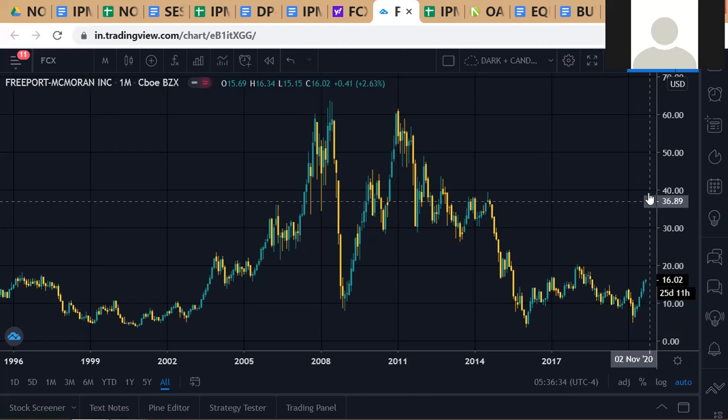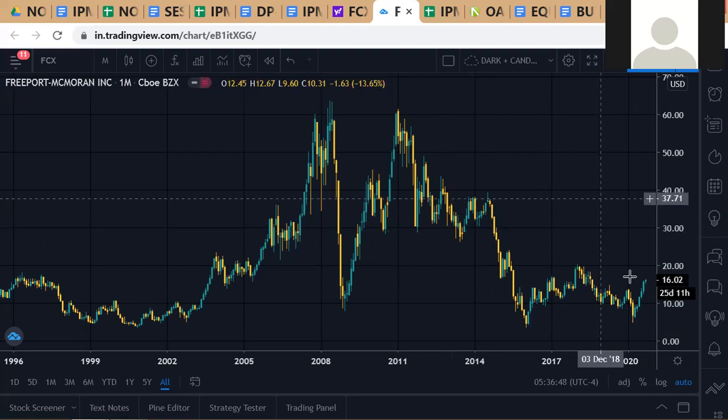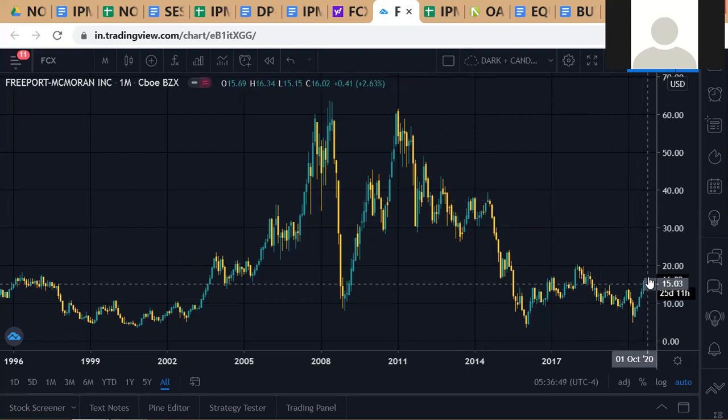If I assume that the fair value of FCX is $40 and I buy it because the market price is 16, as it moves towards the $40, if you look at the downtrend, the mean price will be something around 35-40. So if I'm right, it will start moving back towards the fair value, and then it will look like it is reverting to the mean.